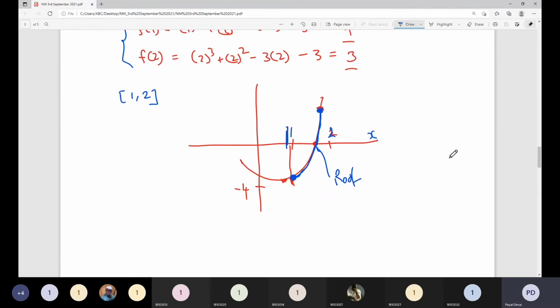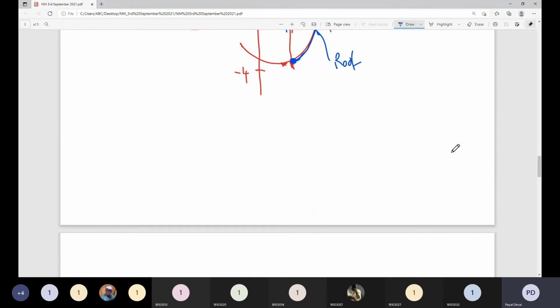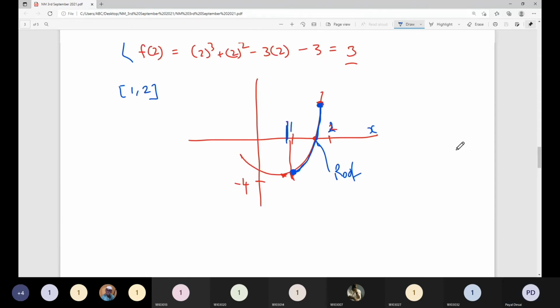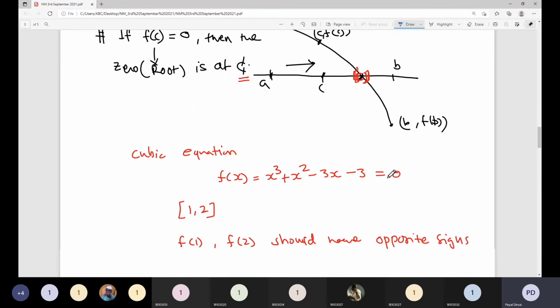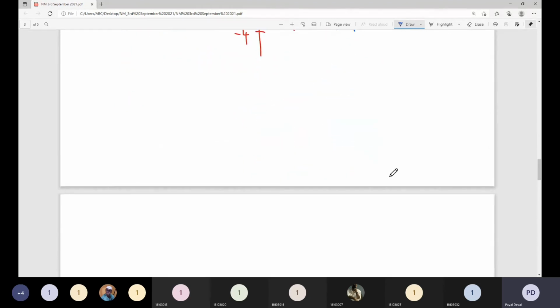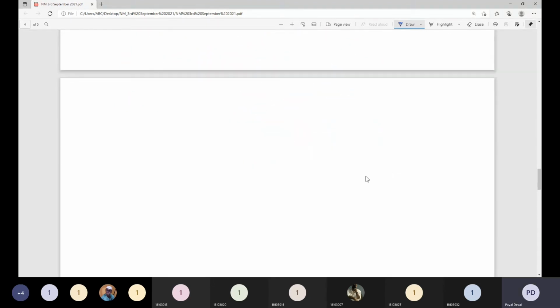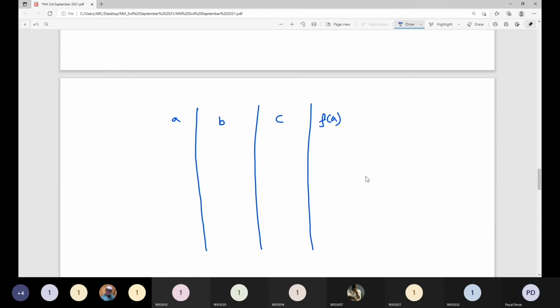Now we evaluate, you make one table, and we try to find the midpoint. What we do is make one table where it will be much easier for you to calculate A and B. Then we have C, and then we have FA, FB, and FC.